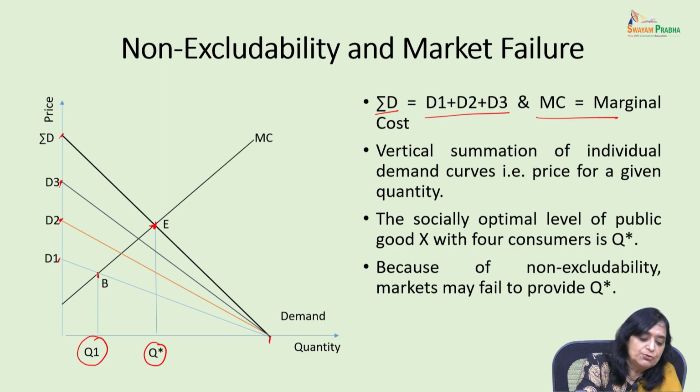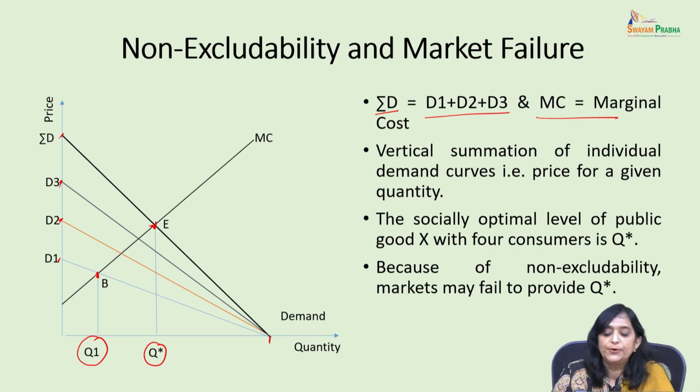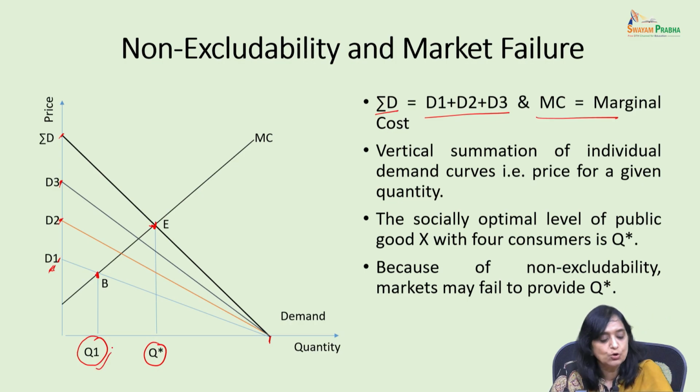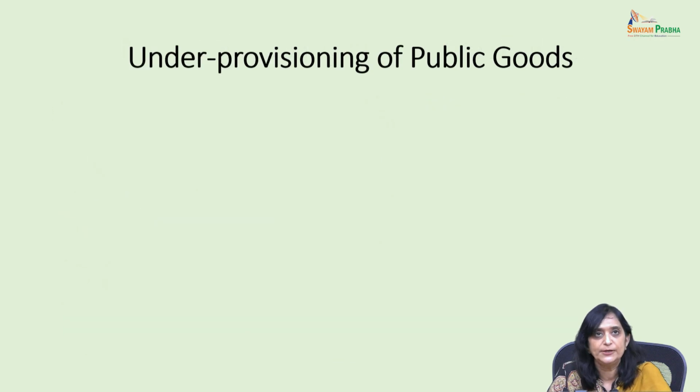Why? Because if you produce at Q star, even if person 1 is not willing to pay anything for it, he will still take the benefit, so they will stop at Q1. So markets, because of non-excludability, will not provide Q star; rather they will provide less. So this also leads to a market failure.